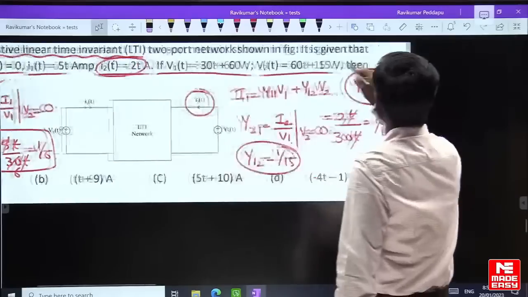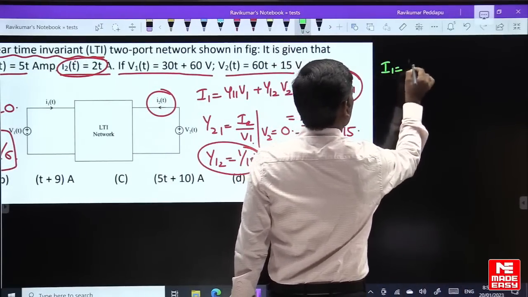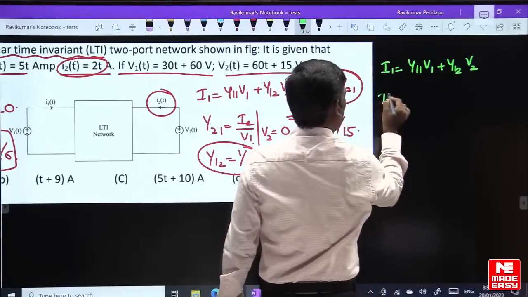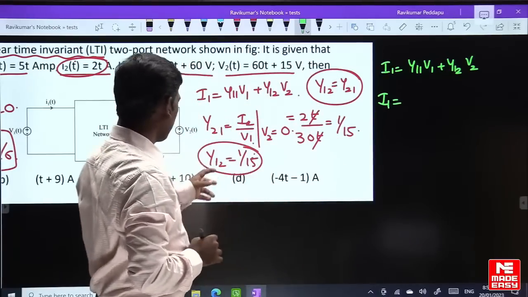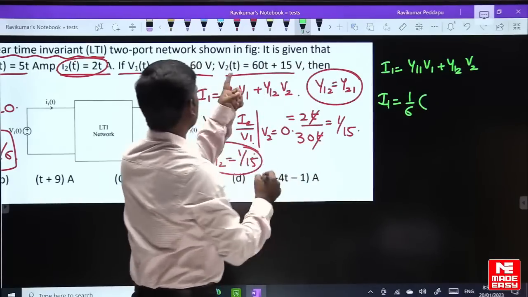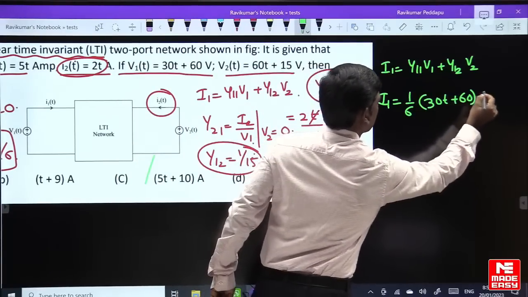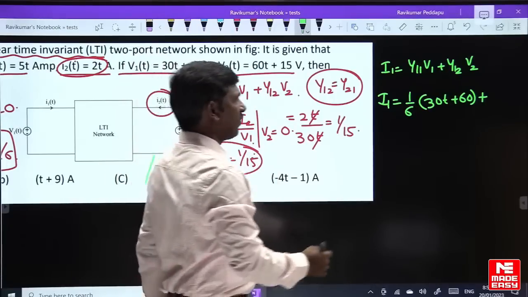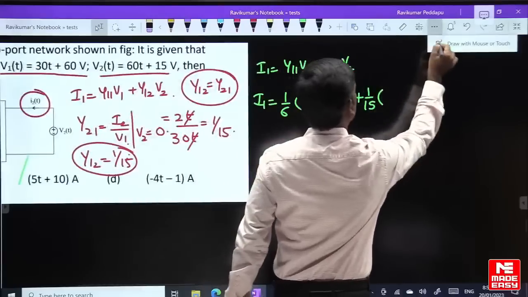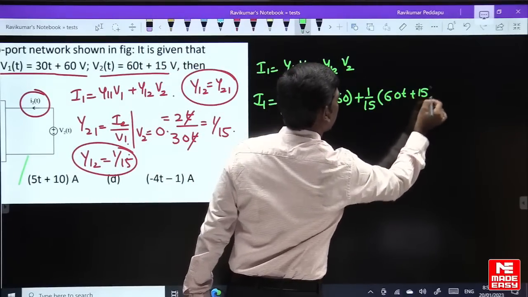Now I1 is equal to y11 V1 plus y12 V2. y11 is 1 by 6 into V1, which is 30t plus 60, plus y12 is 1 by 15 into 60t plus 15.